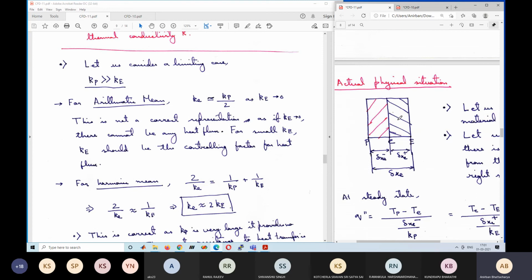Okay. In this case, what will be the arithmetic mean? If KE is very small, like KE is almost equal to 0. Okay. So arithmetic mean is equal to (Kp + KE)/2, because KE is almost equal to 0, it is almost equal to Kp/2 as Kp is very large. Okay. So the average conductivity using arithmetic mean is Kp/2.